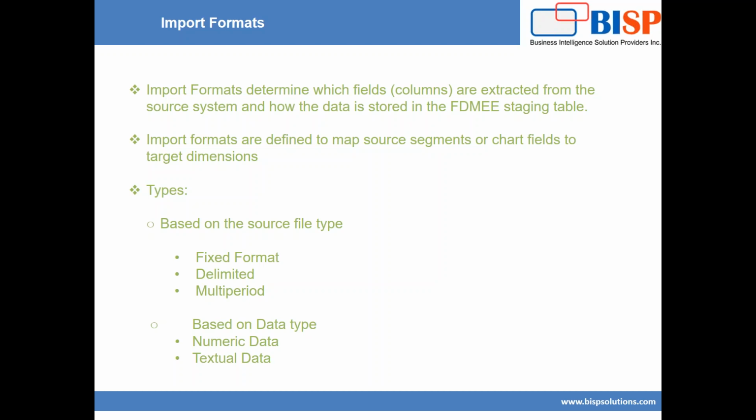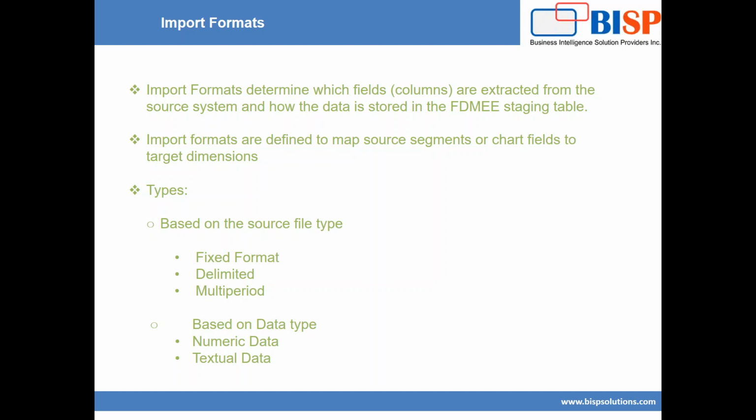If you want to map one dimension to two different target dimensions, that also is possible. So let's say you have one department dimension. You want to map that department to two different targets, that is, let's say, one department dimension and one entity dimension. You can equally do that. Okay.